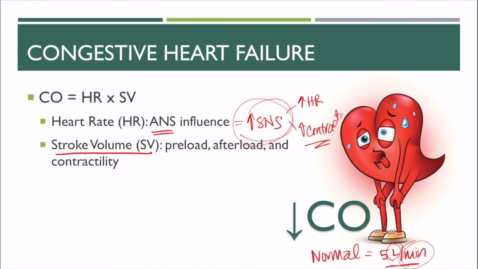A typical stroke volume is about 70 milliliters, to give you an idea of how much blood is being pumped out per beat. It is very dependent on preload, afterload, and contractility. So let's talk about each of these separately, and this is, again, just weaving in that cardiac physiology review.